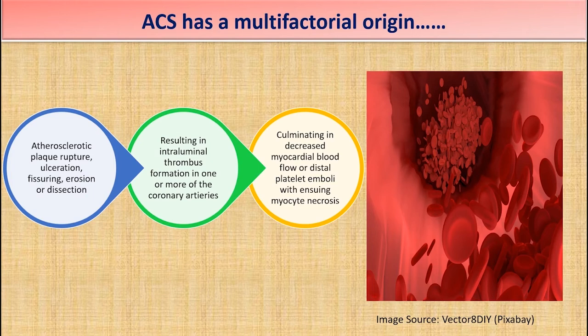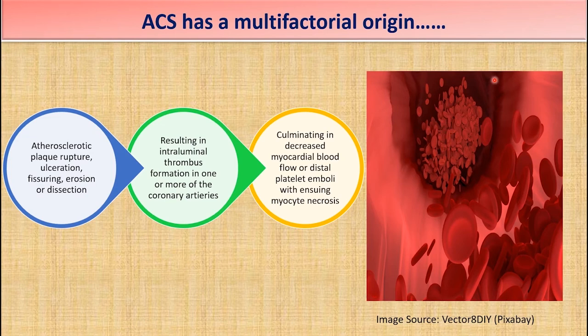Let us start by looking at the most traditional or common belief of how an ACS event happens. It was believed that ACS happened when there is an atherosclerotic plaque rupture, ulceration, fissuring, erosion, or dissection. When this happens, it will result in intraluminal thrombus formation in one or more of the coronary arteries.